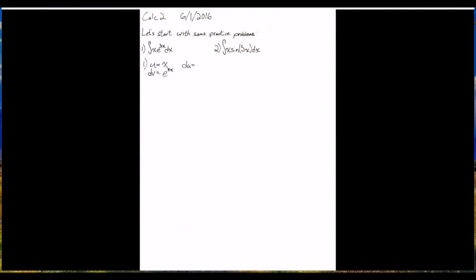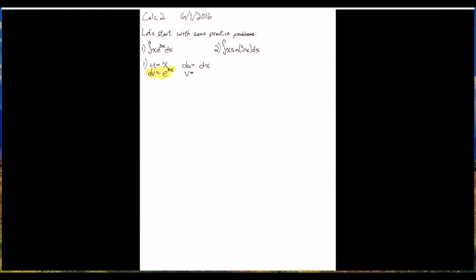So we have du is equal to 1 dx, or just dx. Let's go ahead and get rid of that one. Now our v, we have to remember, we're integrating this first guy here. So classic exponential.